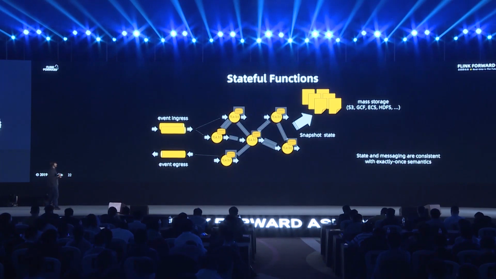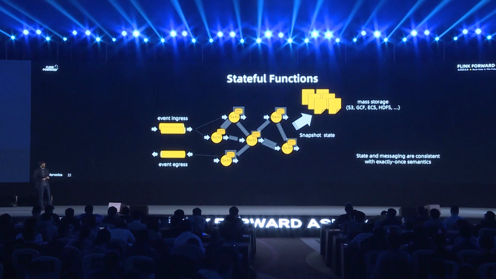What we still preserve, though, is that while the functions message each other arbitrarily, we manage to keep the state and the messaging completely consistent together with each other. Similar as in stream processing, you send events downstream, you update states, but with the help of the exactly once fault tolerance mechanism, you're guaranteed to always get correct state, correct results.